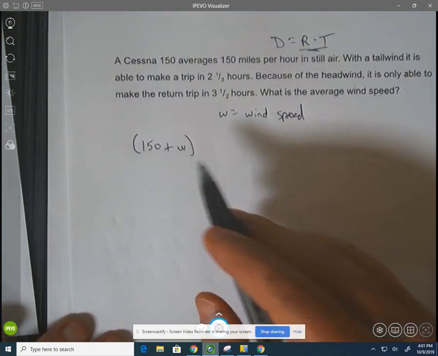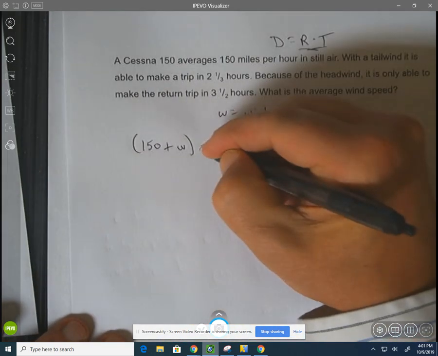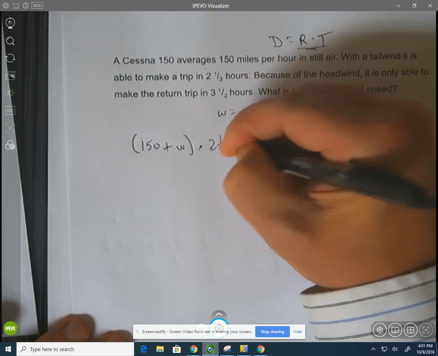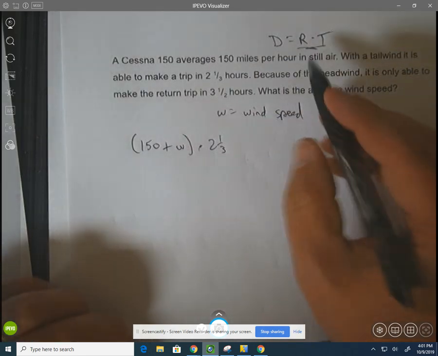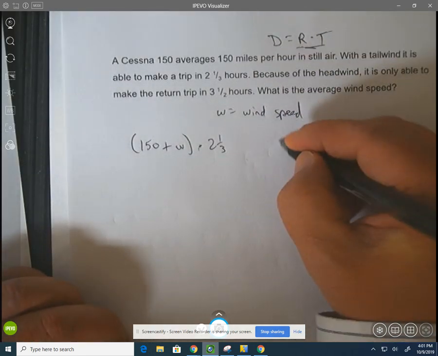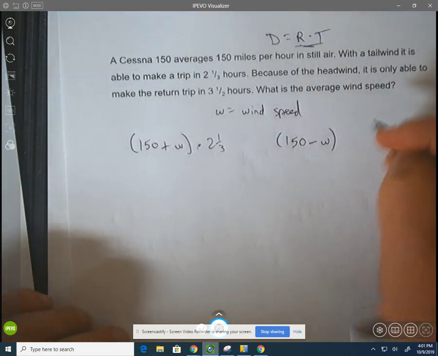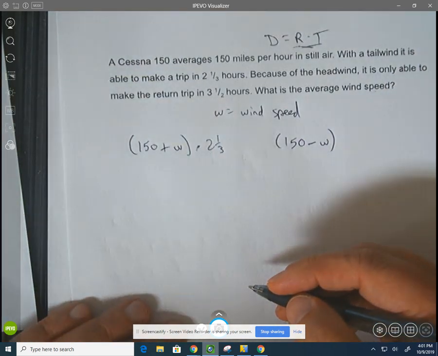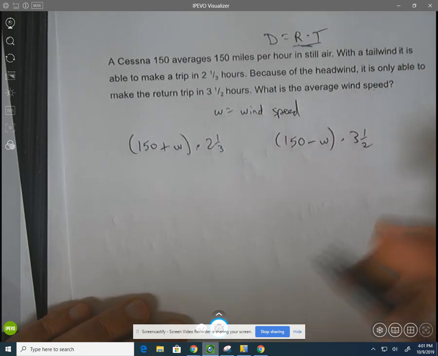The wind is helping it along here, so that's actually going to increase the speed of the plane. And the time, they give us that, is 2 1/3 hours. Now, on the way back, the rate is the speed of the plane minus the wind speed, because that wind is actually pushing against it and slowing it down. And its time is 3.5 hours.